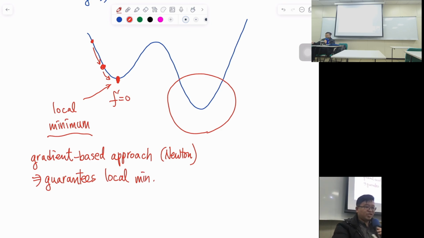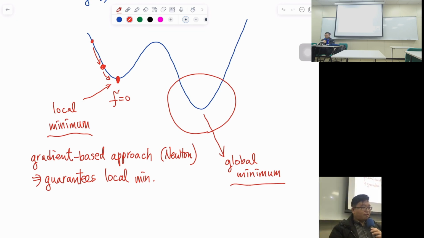But it doesn't guarantee the so-called global minimum. Okay? Sometimes you want to find the global minimum. Then you need to find a different way.